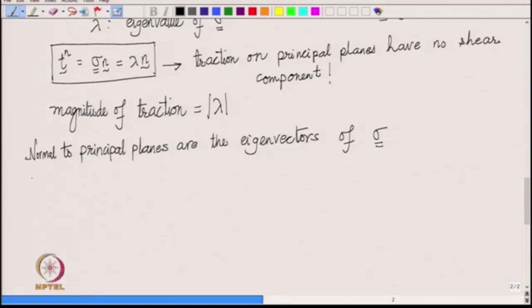And the principal stress components, they are the eigenvalues of sigma, right, lambda itself.